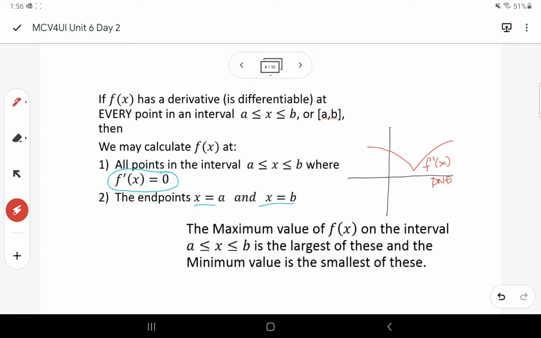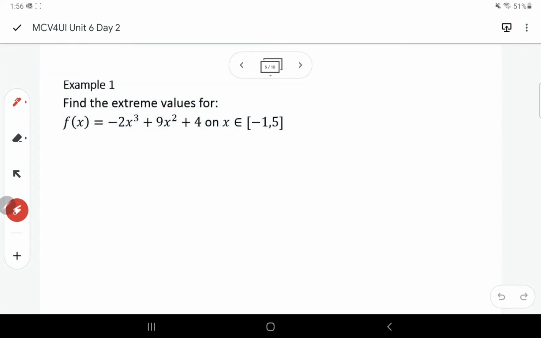If you substitute these values in and see where is the highest one and where is the lowest one, we're going to go through a process. We're going to find the derivative, find where that derivative equals 0, and where it doesn't exist if that's part of the function. And then we're going to test the endpoints and those critical numbers of the derivative.